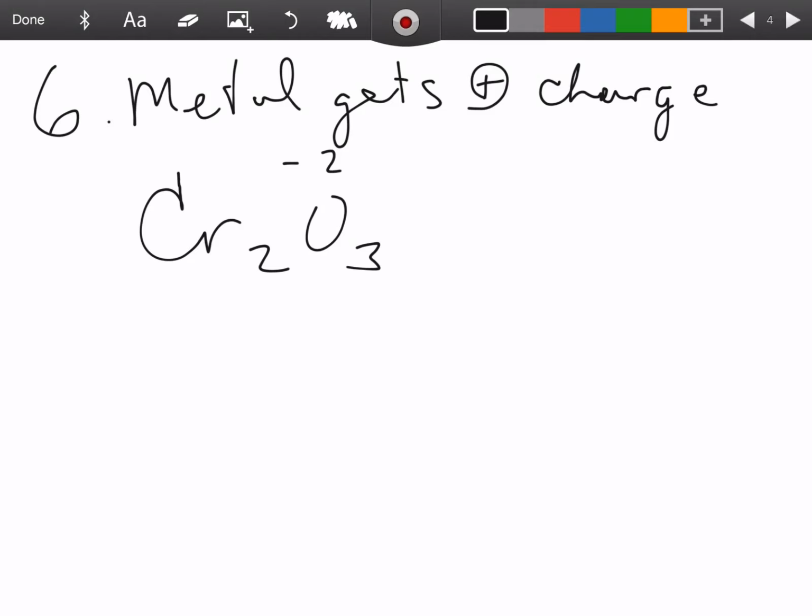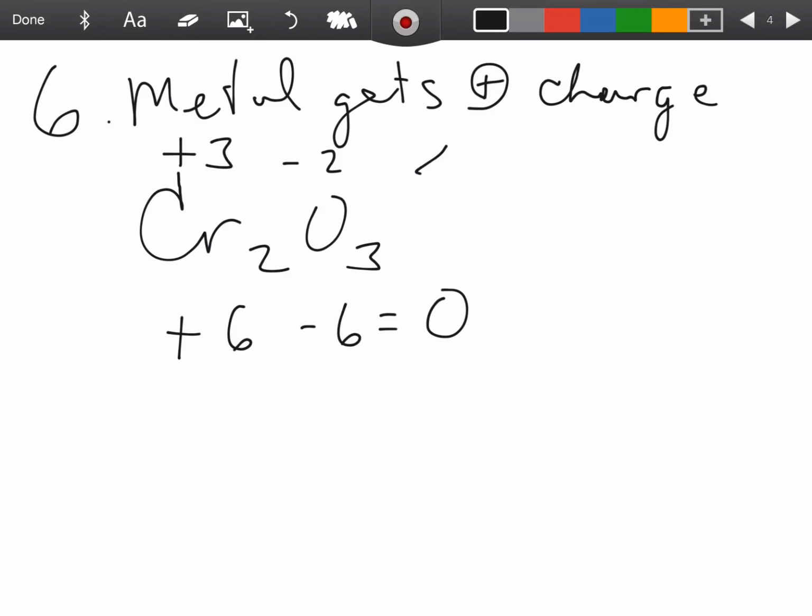There are 3 oxygens here, so that's a grand total of -6. We do know that the total sum of all of the elemental charges has to be equal to 0. If that's the case, that means that the chromiums must be adding in a +6, which means each chromium in this case must be a +3.